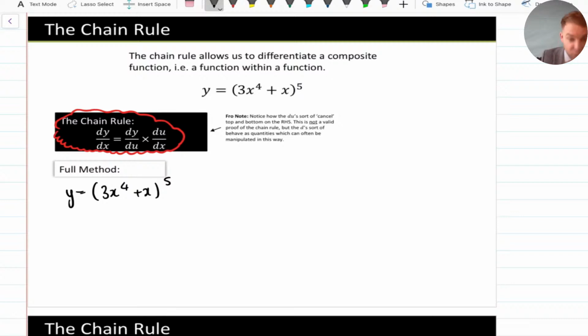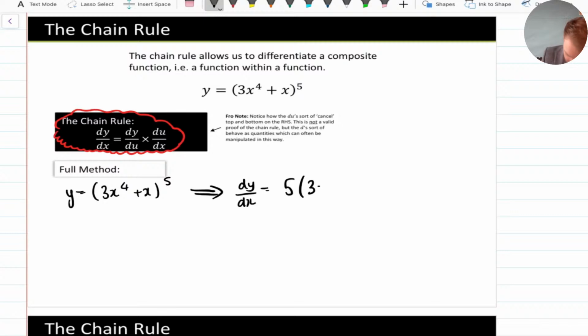So the first thing I've got to do is differentiate that power of 5. So dy by dx is equal to, now if this here was just x to the 5, the way I do this is I times by the 5 and take away one of the powers. So with this one, it's going to be times by 5, and then you take away the power, but that middle part stays the same.